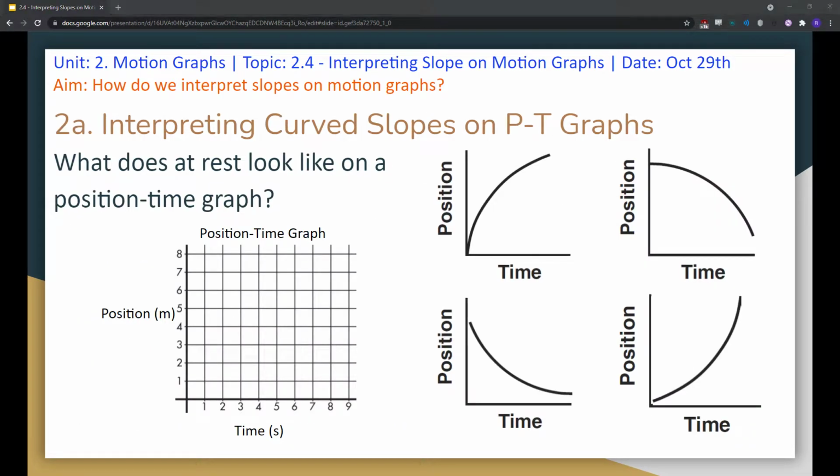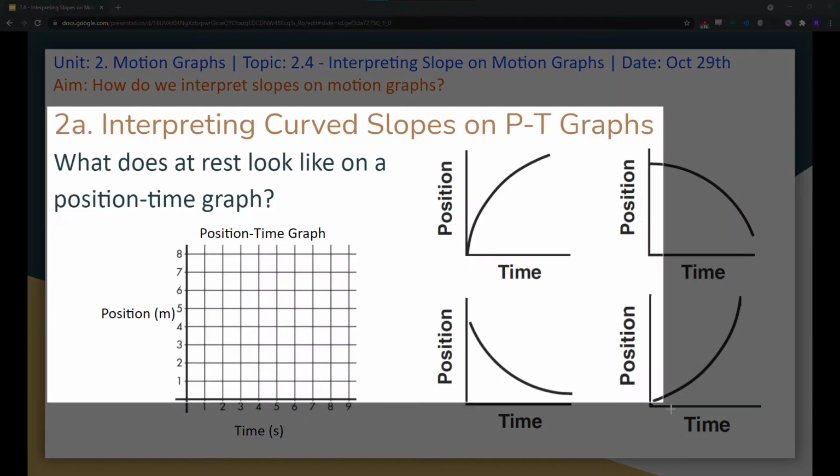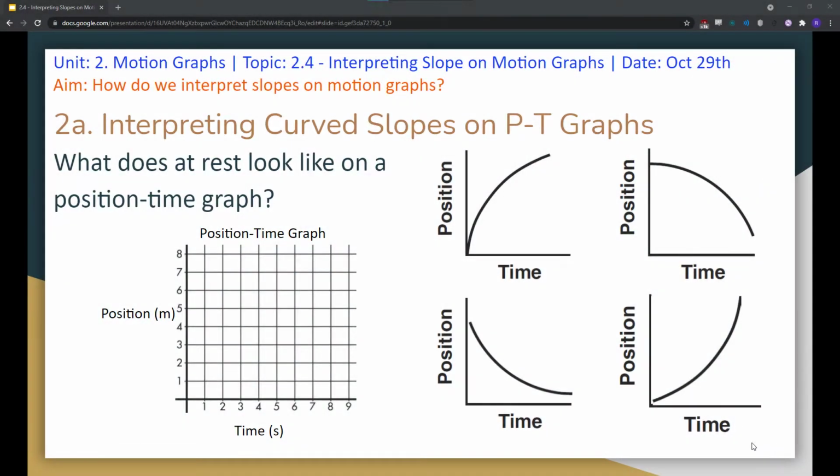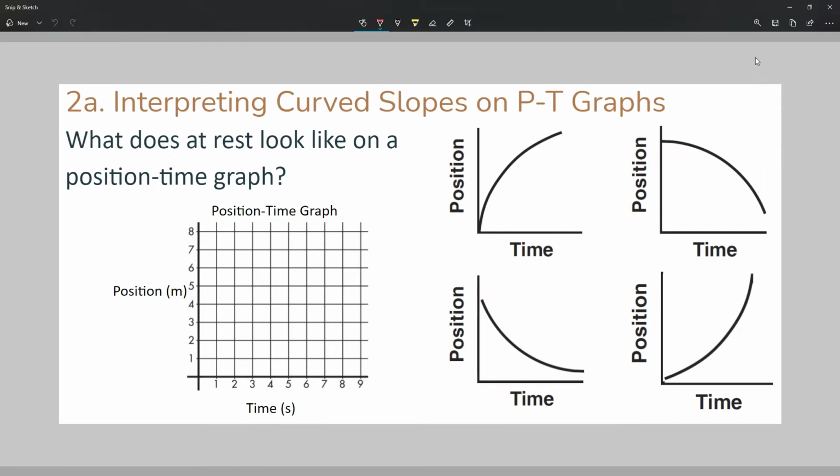So let's take a look at this graph. Now I want you guys to tell me again, we're going to draw this again, what does a graph look like if you're at rest? Well, if you're at a position of 5 meters and you're at rest, you just stay there. You're not moving, so next second you're still at a position of 5 meters.